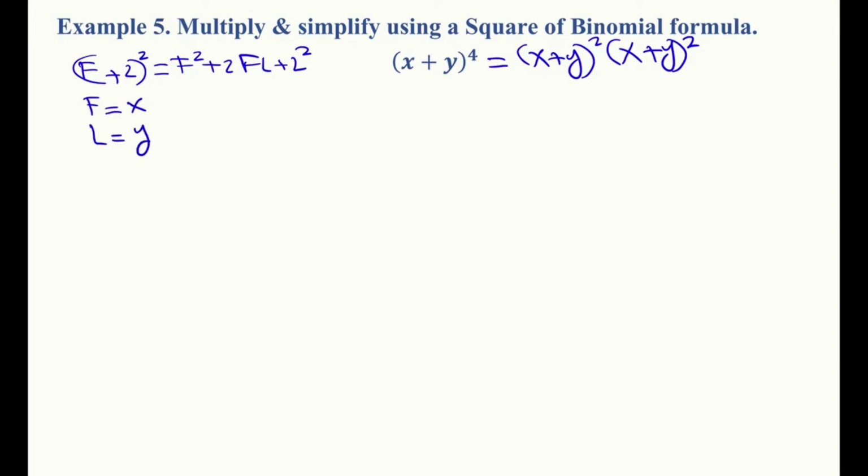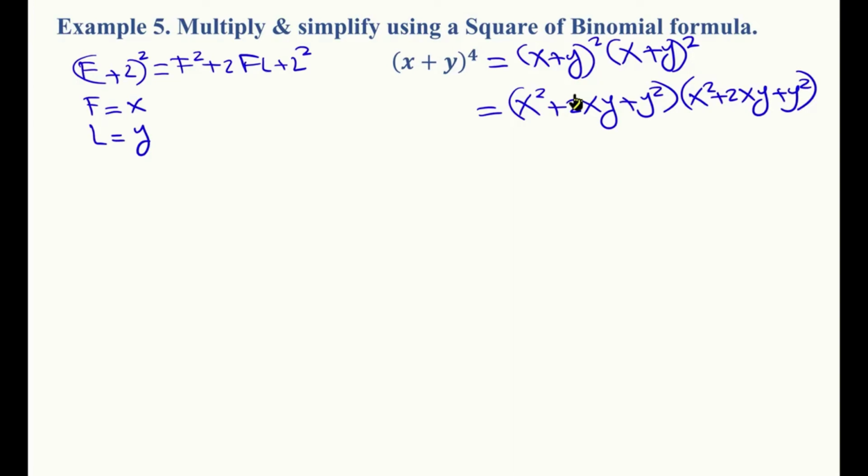So we know that the quantity x plus y squared is going to turn into x squared plus 2xy plus y squared. We're just applying this formula with x instead of f, y instead of l. So of course, if we do it again, we get the same thing. So here we also get x squared plus 2xy plus y squared.